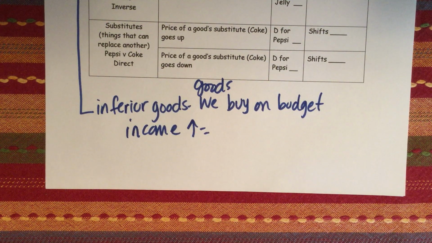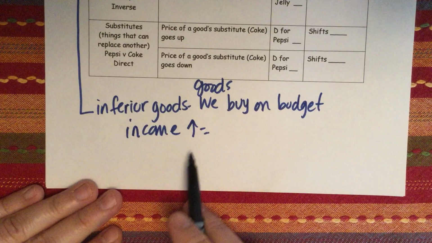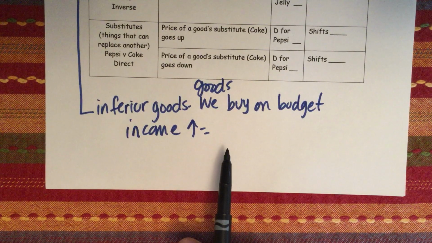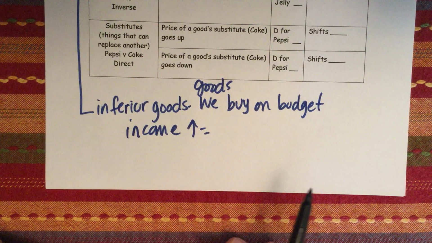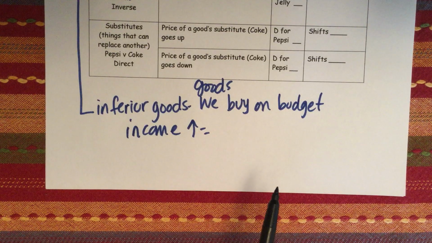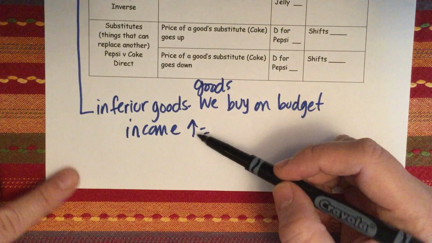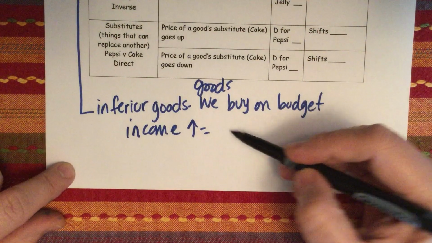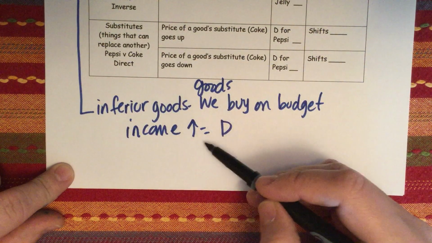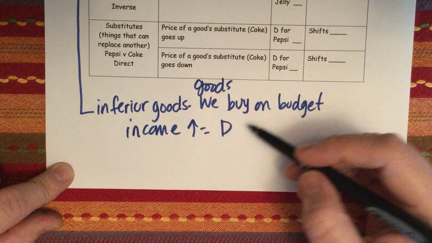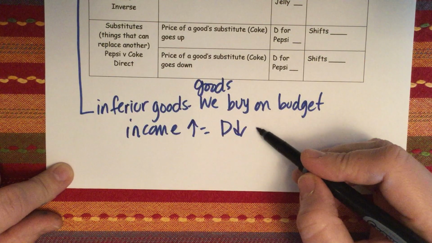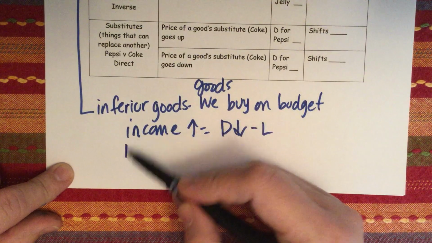Or if my income goes up, instead of buying thrift store clothing, I'm going to stop buying it and go out and buy new clothes. So if your income goes up, only for inferior goods, the demand for inferior goods is going to go down and shift to the left.